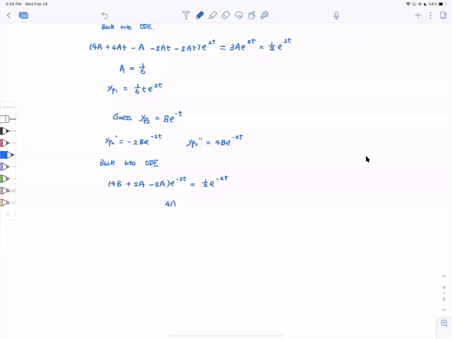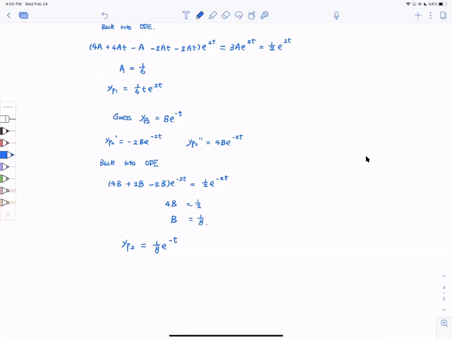So 4b equals 1 over 2, b equals 1 over 8. Wait, why did I use a here? I meant b. So yp2 is 1 over 8 e to the negative t.